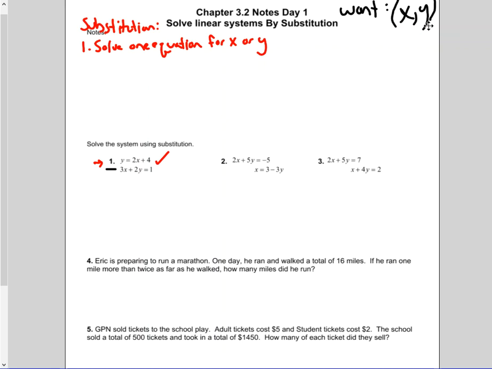Step number 2 is to substitute the equation from step 1 into your other equation.